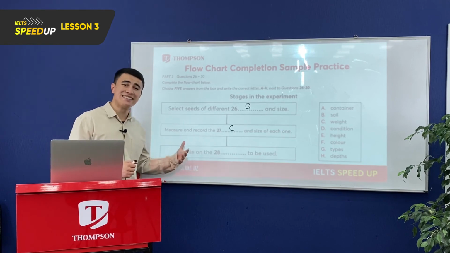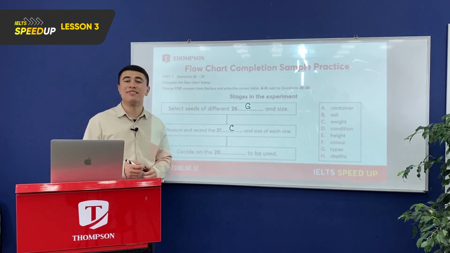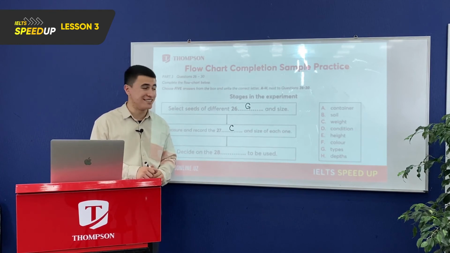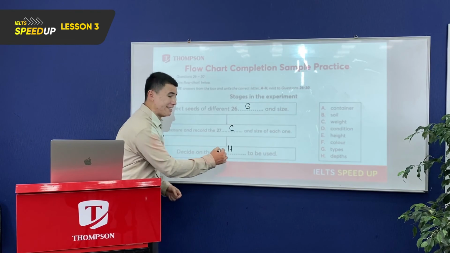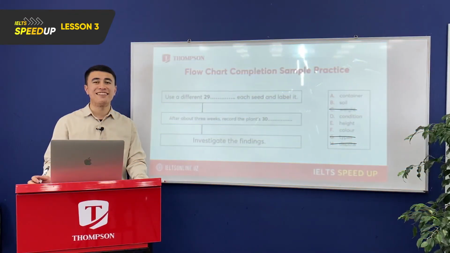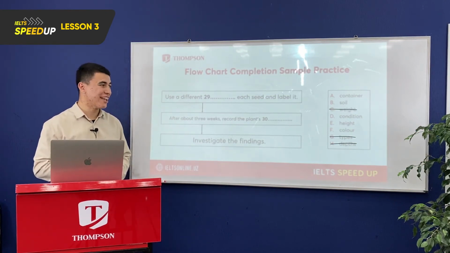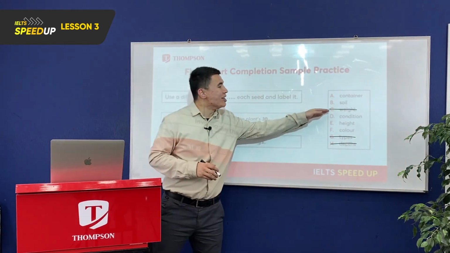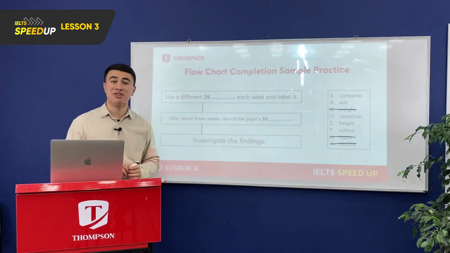So next step is deciding how deep they are going to plant the seeds. So here we have the word depths. Let's move to the next part of this flowchart. As you can see, I put a line through the answers that we have already used.